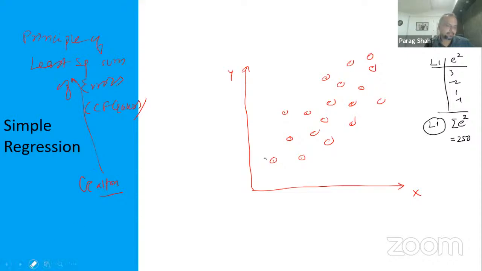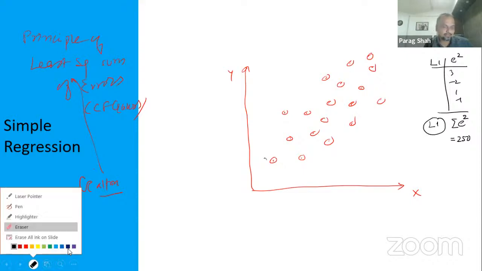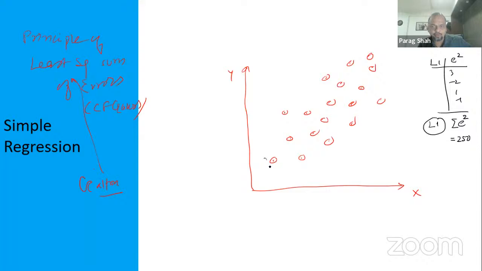Suppose I'm drawing another line, L2, in this way. I feel that this is my regression line. Then again, I'll find all the perpendicular distances, the errors. For line 2, in the same way, sigma E square comes to 195.